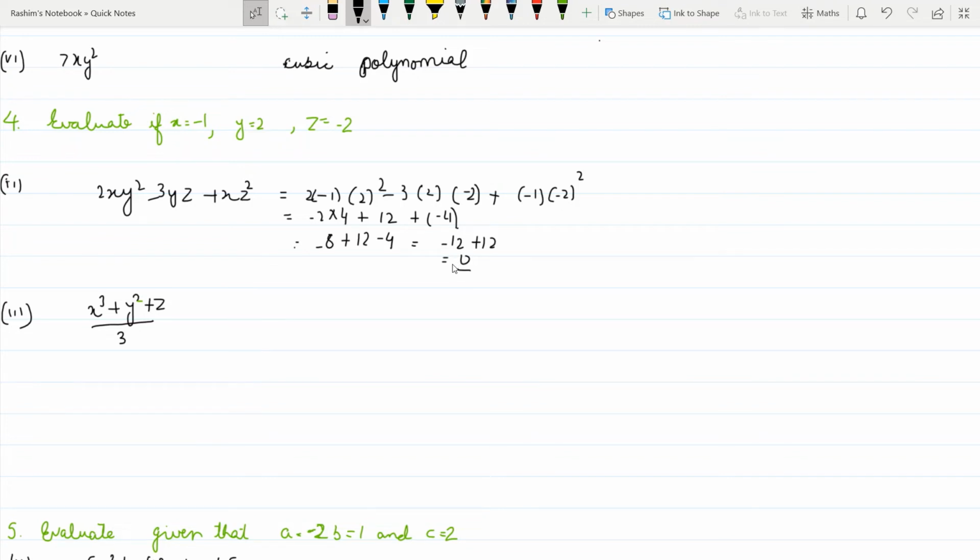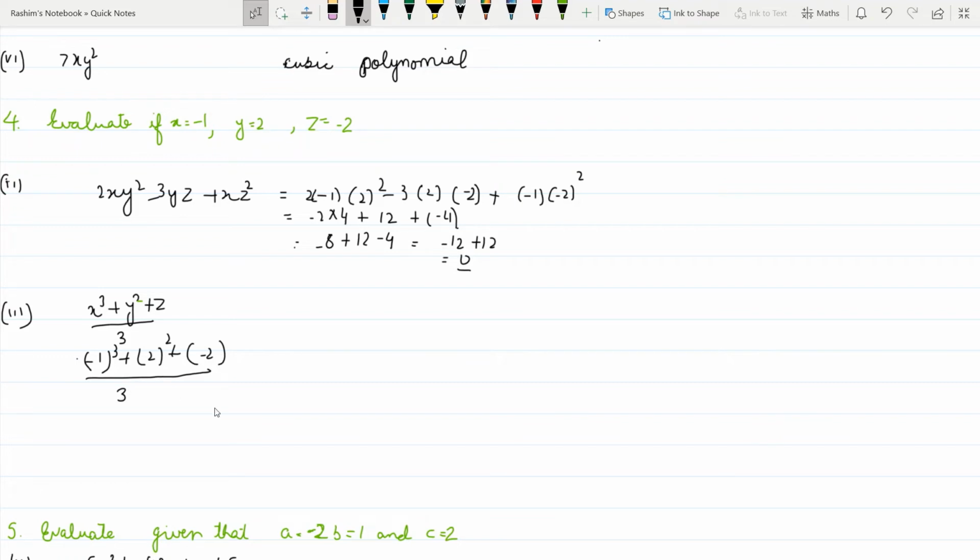Now in the third part we get x cube plus y square plus z upon 3. So x is here -1. So we will get -1 raised to power 3 plus y square, meaning 2 square, and plus z, meaning plus -2 upon 3.